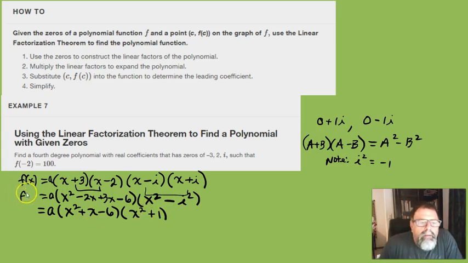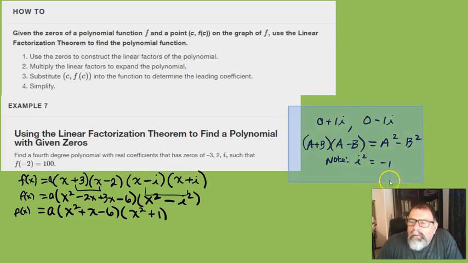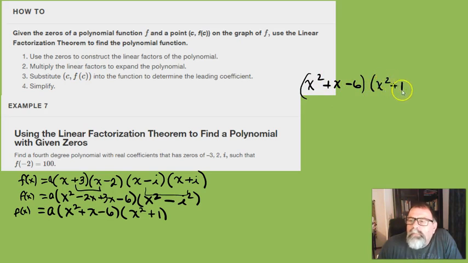Now what I need to do is multiply these two parentheses. I can do that in scratch work, so let's do it there. I'm going to do x squared plus x minus 6 times x squared plus 1.